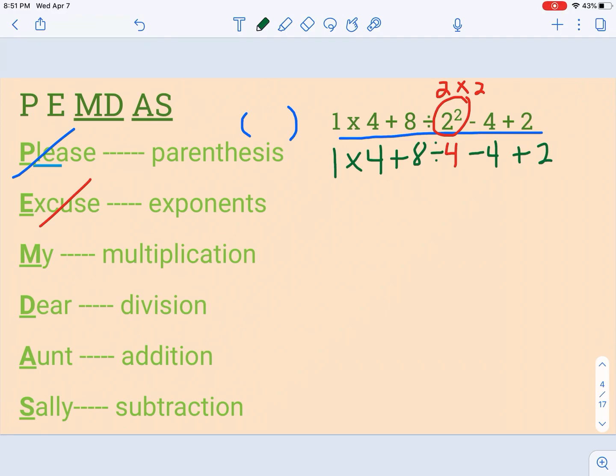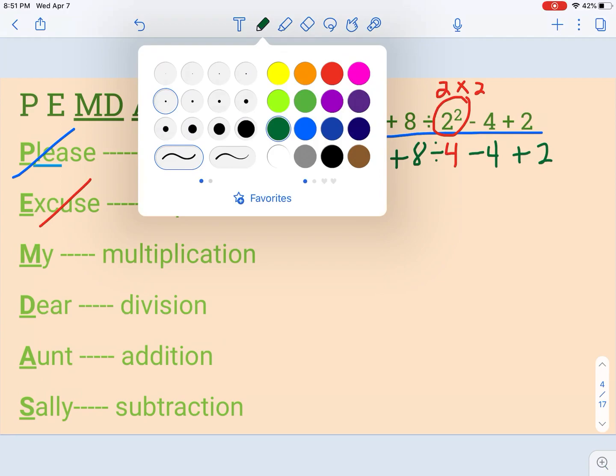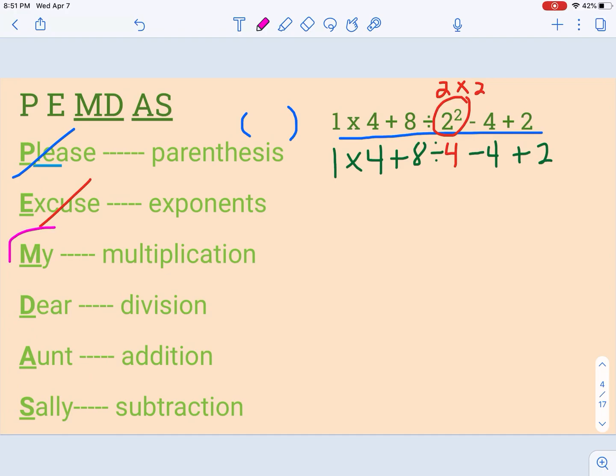All right, so parentheses, then exponents. Now we're going to go on to the M and the D. And the M and the D actually go together in the same step. So in this step, we have multiplication and division. Okay? And what happens is that we do those steps together, going left to right.